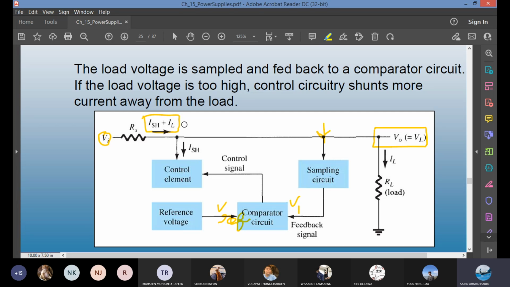The control element will activate a low resistance path, so some of the current coming from your supply will be channeled to the parallel or bypass path. That means the current that will now flow through the load will be less. That will bring the output voltage down to the level where you want it.